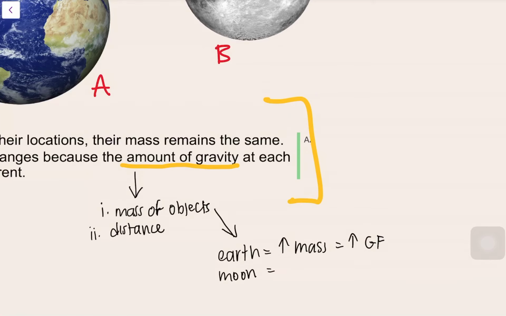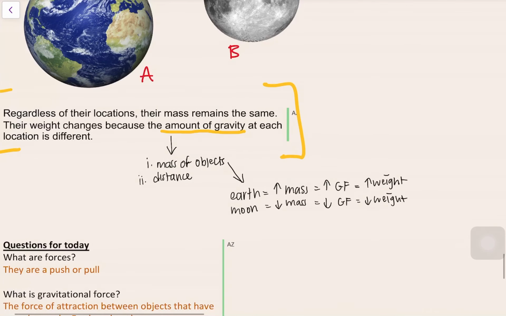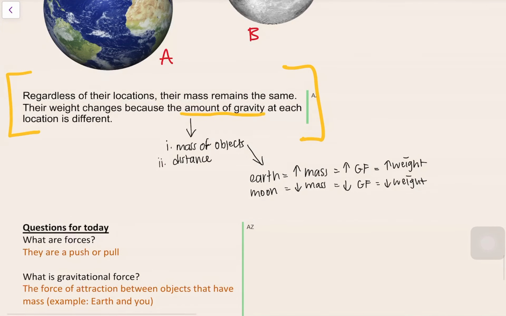Moon has lower mass, therefore weaker gravitational force. Because the gravitational force is greater on Earth, your weight will be higher. Because there is weaker gravitational force on the moon, your weight will be lighter. Do remember this. This is very, very important.